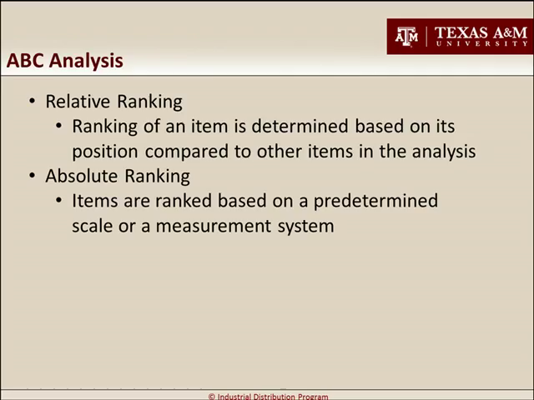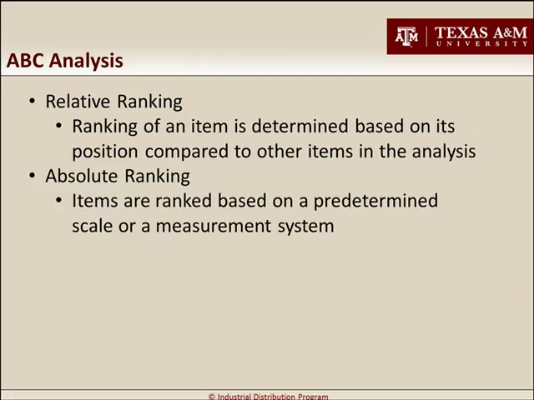Now, when we talk about the ABC analysis, there are two different ways to classify or rank items. One of them is the relative ranking. Basically, in this one, you rank the items based on their importance compared to all other items in the analysis. And the other method is absolute ranking.